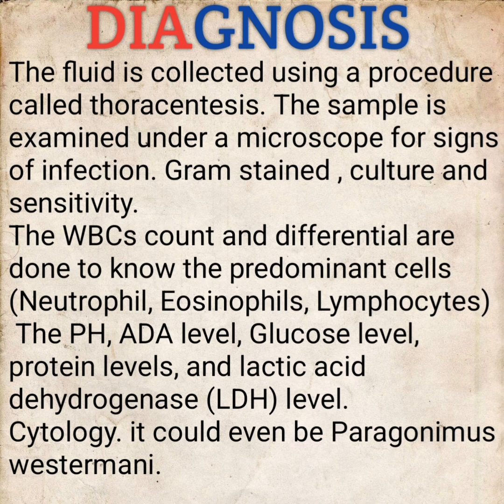But if it's tuberculosis, mycobacterium, you see more lymphocytes. The pH level is taken. The ADA, that is adenosine deaminase level, is used to really identify tuberculosis when it is raised. Glucose level, protein level, and lactate dehydrogenase level are also done.